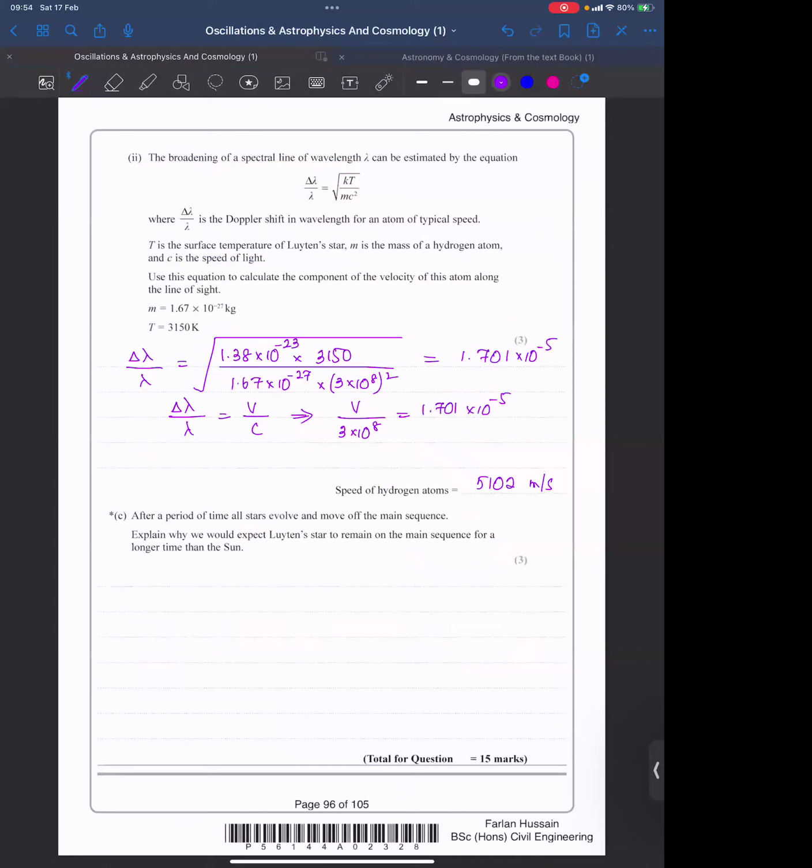Okay, so you can put that less temperature means, compared to this, the rate at which nuclear fusion happens is lower. You can speak about those things.